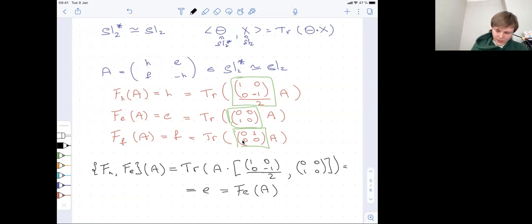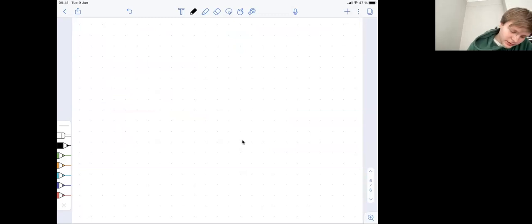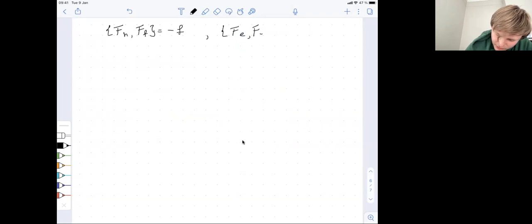And if you do this for other elements, you will get that f of h with f of f gives you minus f, and f of e with f of f gives you 2 f of h, up to sign, maybe minus in front. I don't really remember.